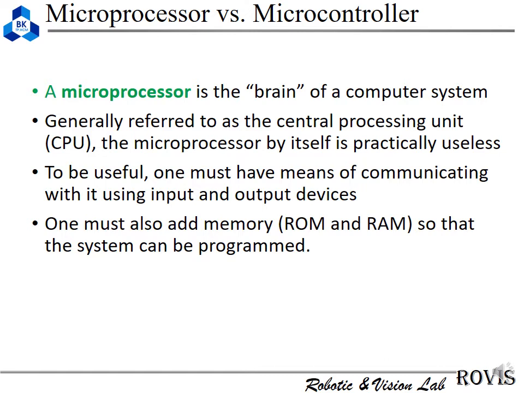We can say that the microprocessor must communicate with input or output devices. If it is alone, it cannot work. It must have other devices connected to it, for example the keyboard and the RAM.